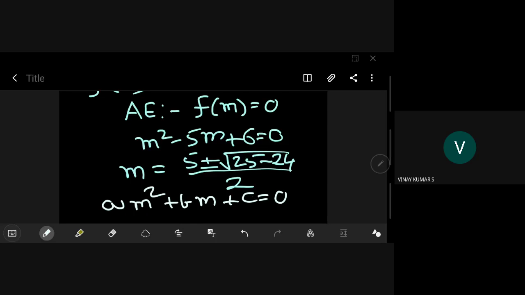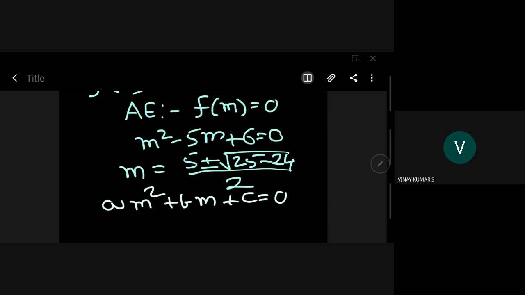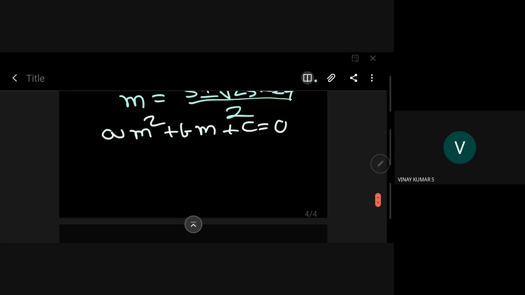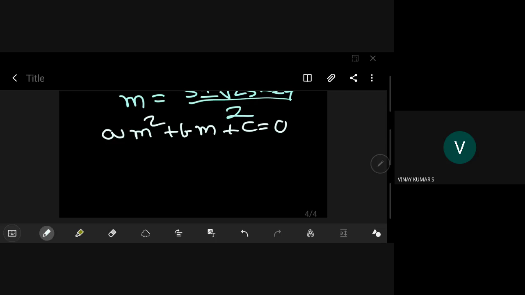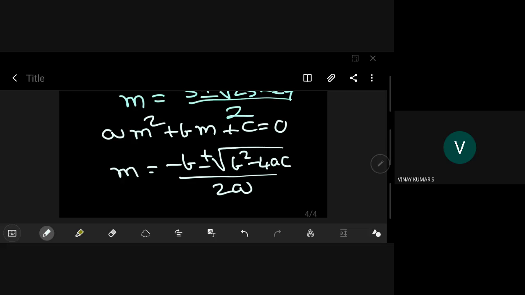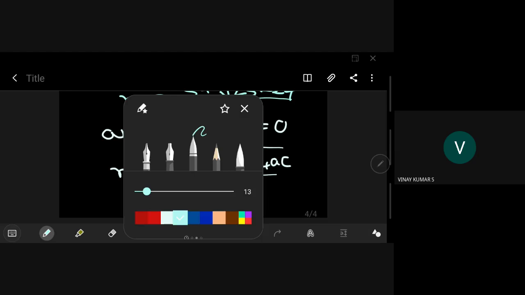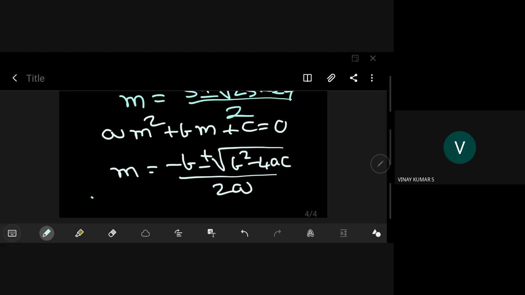The formula for roots is m is equal to minus b plus or minus square root of b square minus 4ac by 2a. In our present context, our a value is 1, b value is minus 5 and c value is 6.